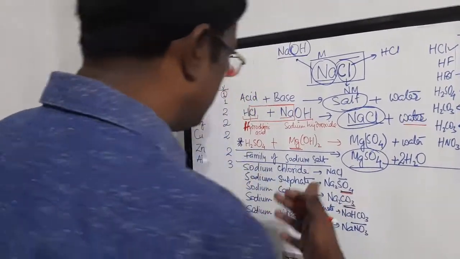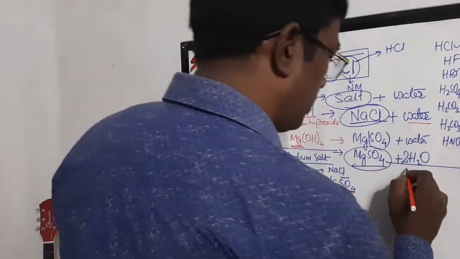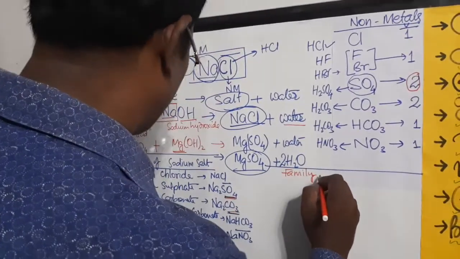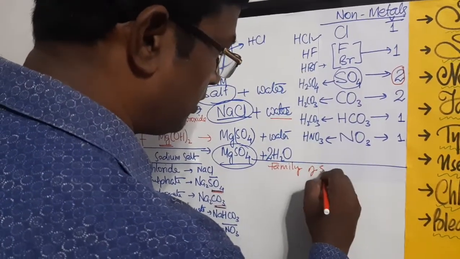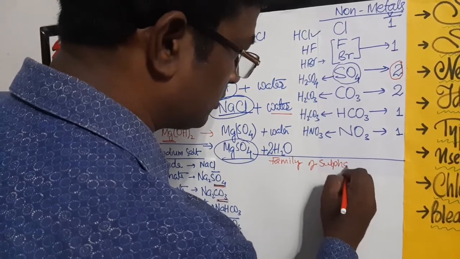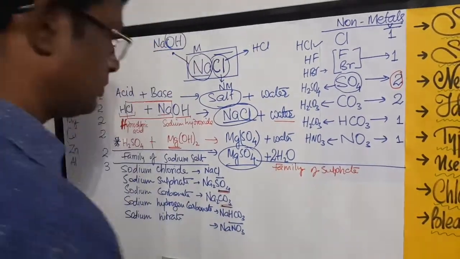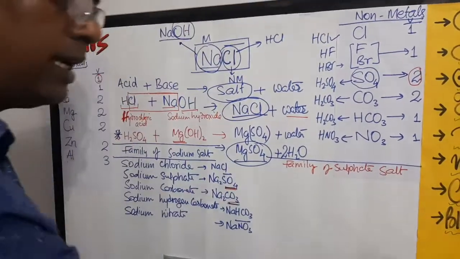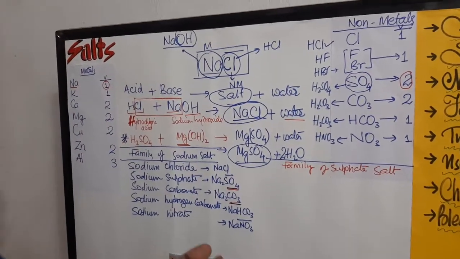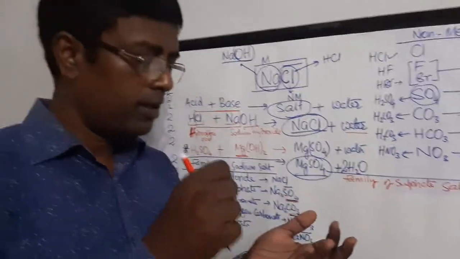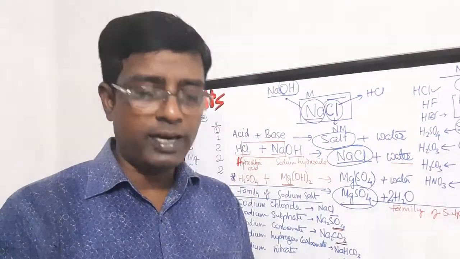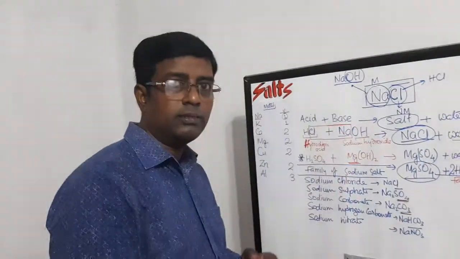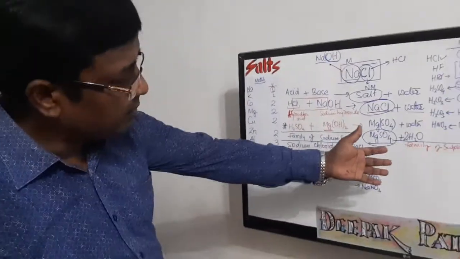Similarly, let's take another family, say the family of sulfate salt. Sulfate has to be the anion part, definitely. So we can say sodium sulfate, magnesium sulfate, copper sulfate, calcium sulfate, zinc sulfate. These belong to this family.